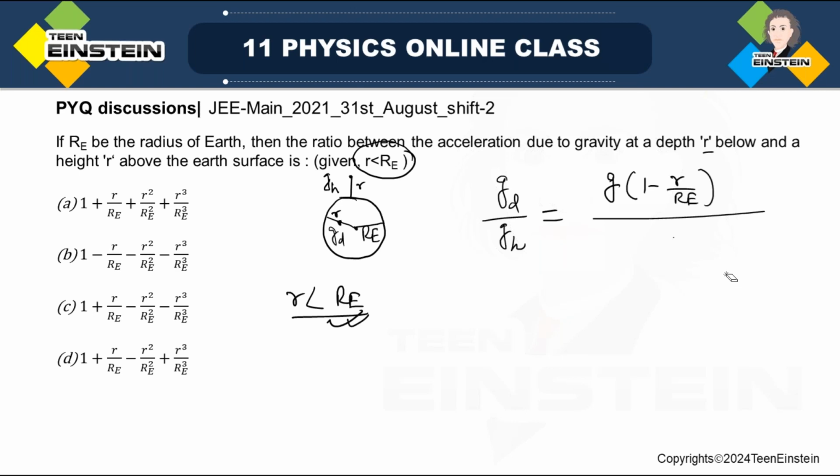Height, actually let us write it here. GH will be actually G by 1 plus small r by re, this whole square, right? So this is the thing I have to write actually.